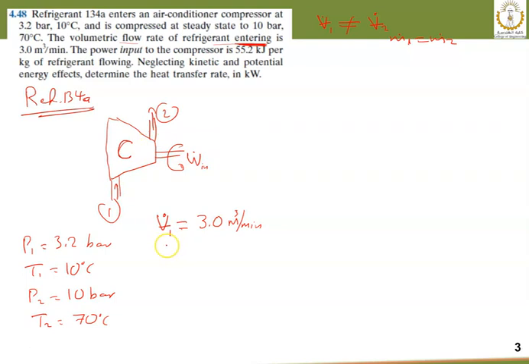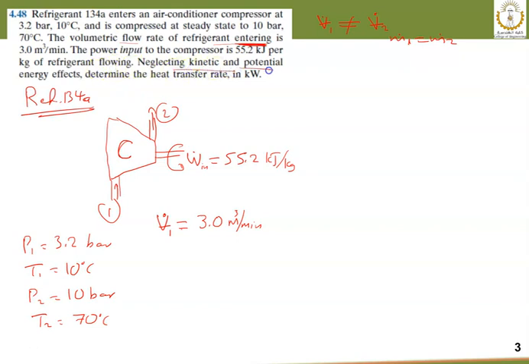For the conservation of mass. Now the power input to the compressor is 55.2 kilojoule per kilogram of the refrigerant flowing.